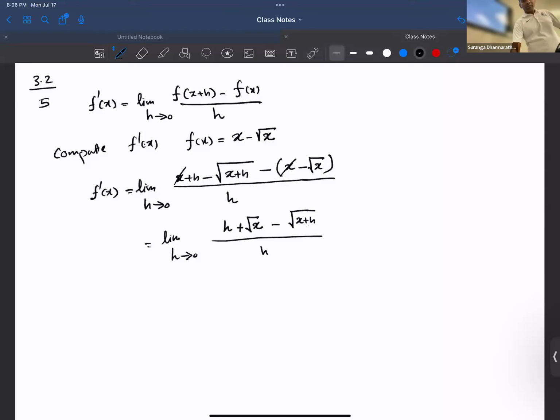So what can we do to solve it algebraically? Can we multiply by something, or divide by something? What do you suggest to do in here? Any suggestions?